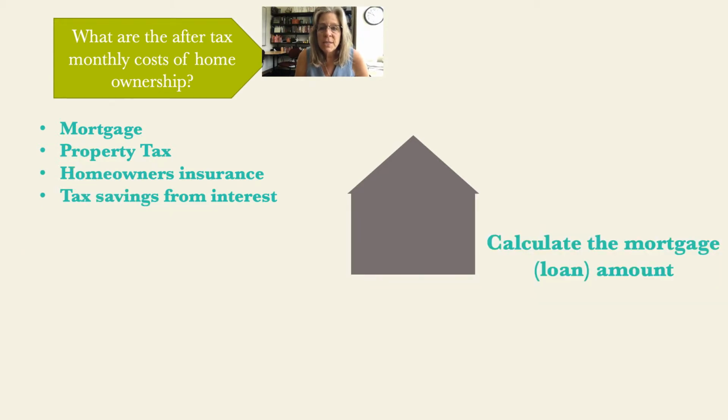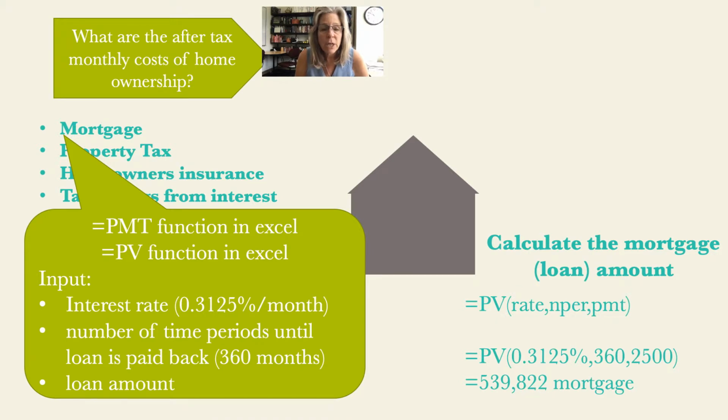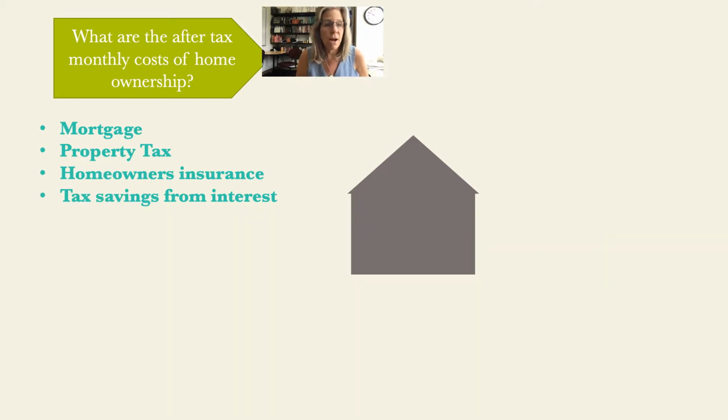So when I do this calculation using 0.3125%, 360 months, and $2,500, I get a mortgage of $539,822. So that's how much I can afford to borrow from the bank. So we have this answer now to our question about how much loan we can get.